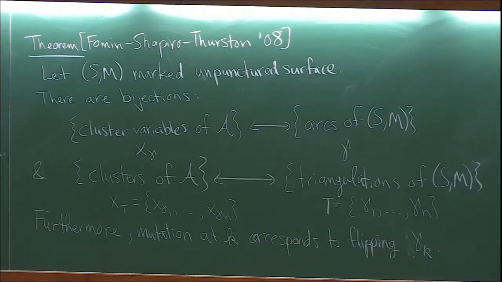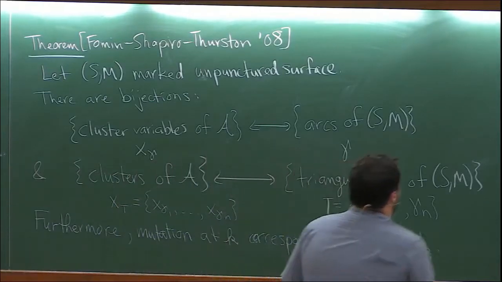Yeah, all triangulations have the same number of arcs. It's sort of, yeah, this tag thing is a bit artificial. The only reason that you add it is to deal with these self-folded triangles, these triangles that only have two sides instead of three.